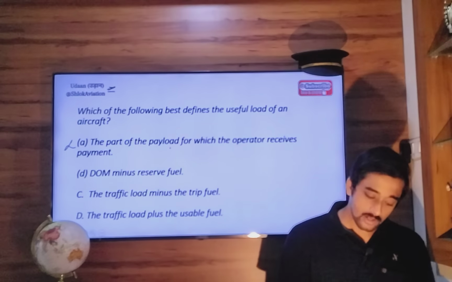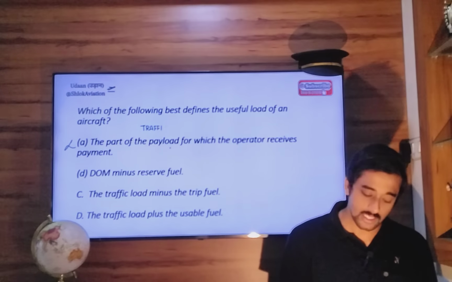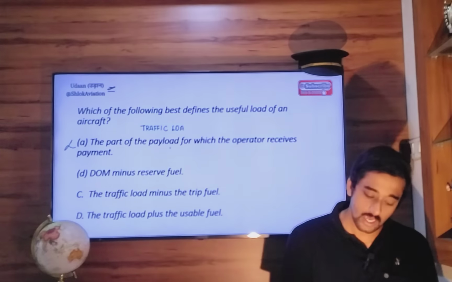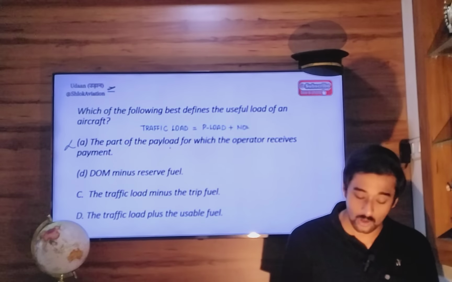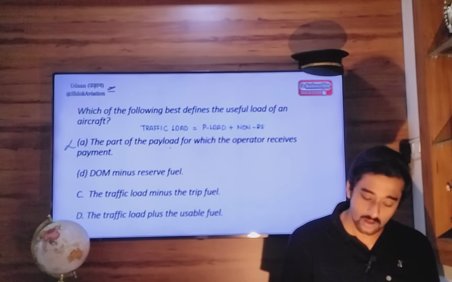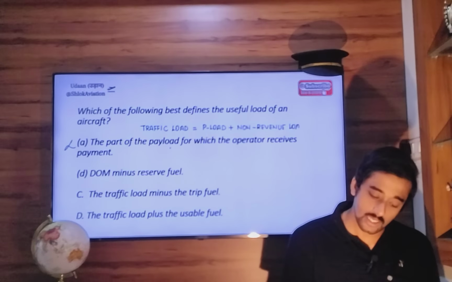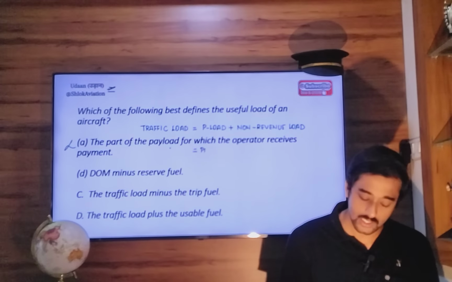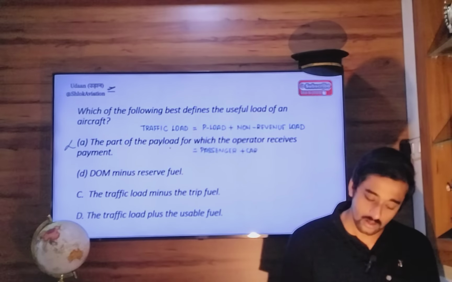Okay. So now traffic load. Here they have used the word payload. That's fine. Sometimes they use it interchangeably. Traffic load equals payload plus the non-revenue load. Now payload is inclusive of passengers, cargo, baggage.